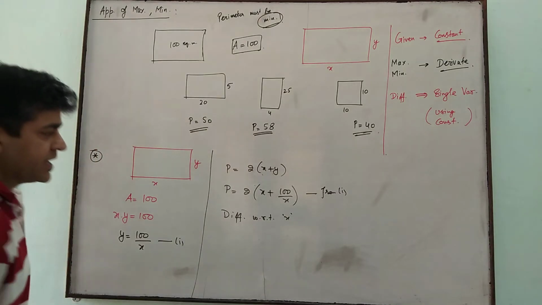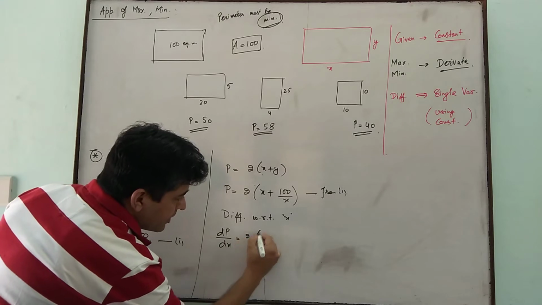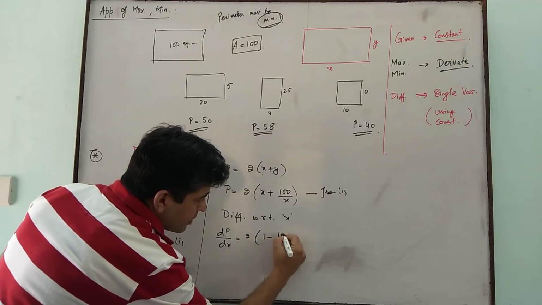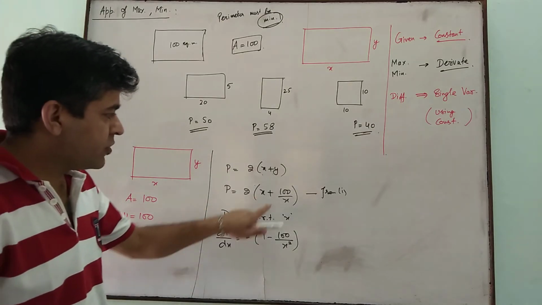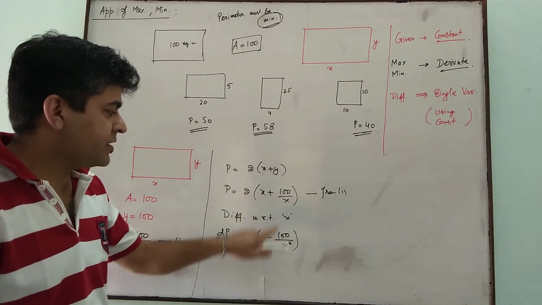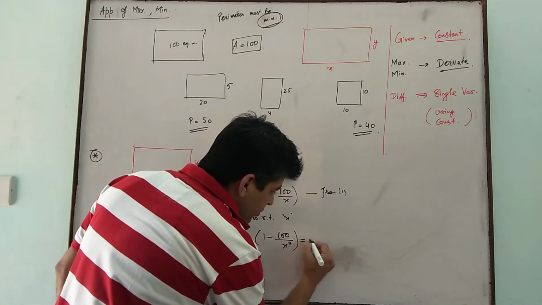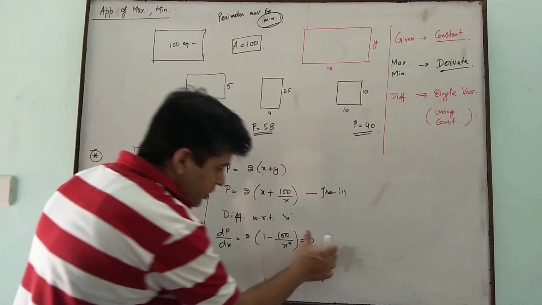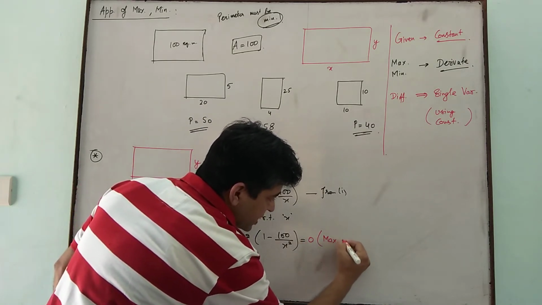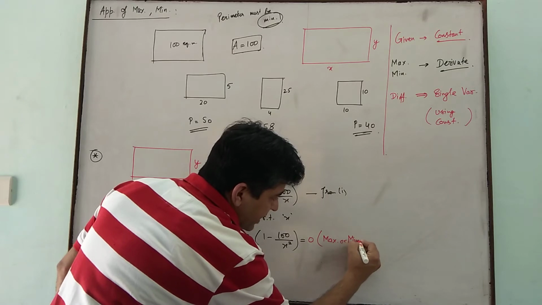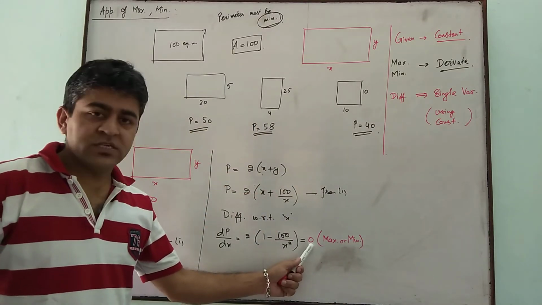Only variable is x. For x it is 1. For 1 upon x it is minus 1 upon x square, 100 is constant as it is. Now this is equal to what? Equal to 0 for maximum or minimum both. This is the concept we know, that for maximum value or for minimum value this derivative is equal to 0.